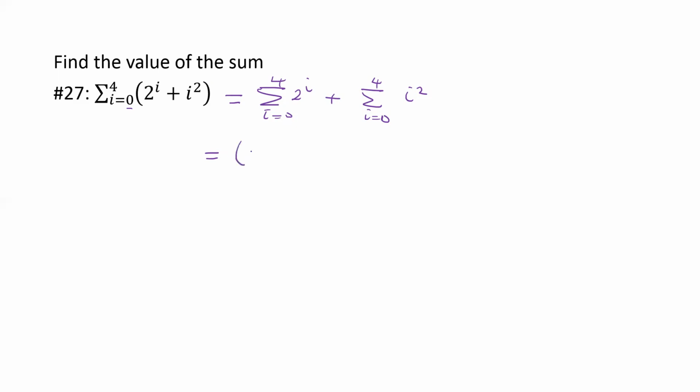So that gives me 2 to the 0 plus 2 to the 1 plus 2 to the second power plus 2 to the third plus 2 to the fourth. Then plus 0 squared plus 1 squared plus 2 squared plus 3 squared plus 4 squared.